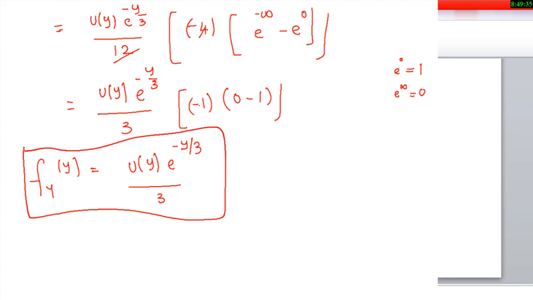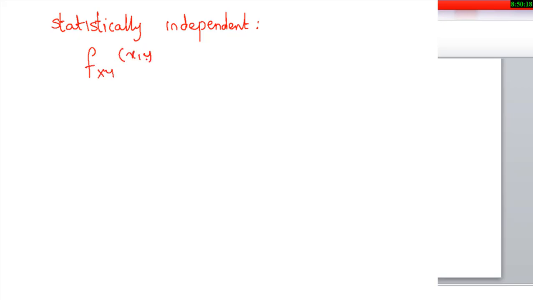Now our question is to find whether they are statistically independent or not. I have got the function value of f of y, I have got the value of f of x. So what I am supposed to do? I'll check whether they are statistically independent. For statistical independence, f of x comma y is equal to f of x times f of y.